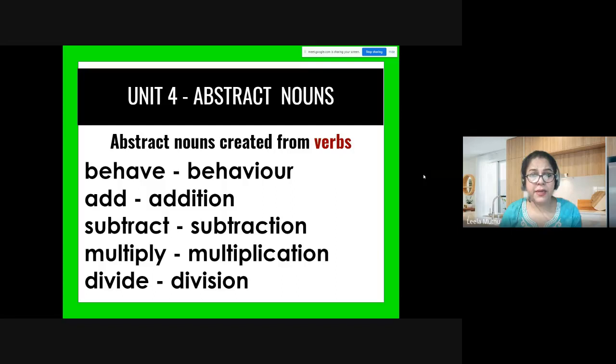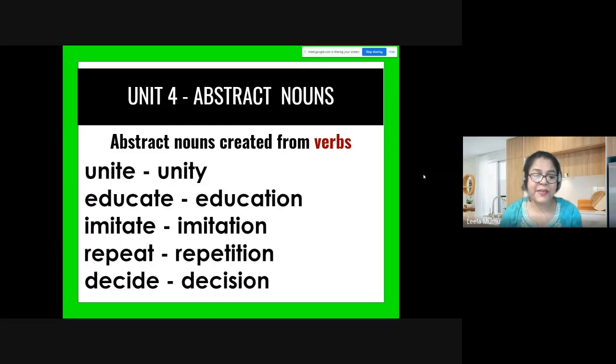Okay, now we have some abstract nouns made from verbs. Behave, okay, is a verb. Behavior. Add, addition. Subtract, subtraction. Divide, division. Multiply, multiplication. Unite, unity. Educate, education.